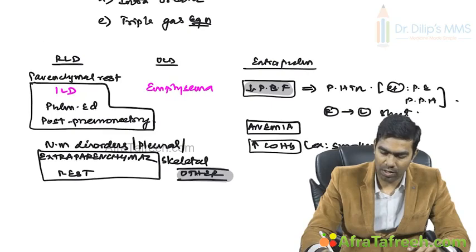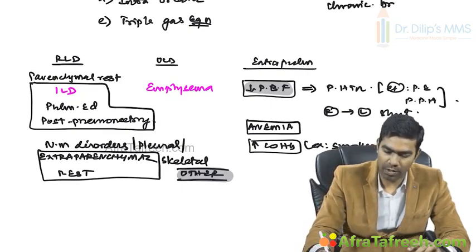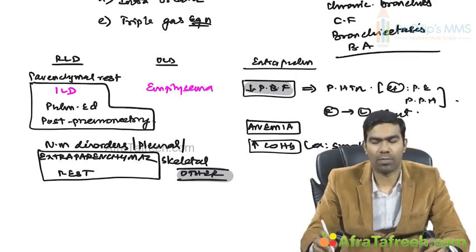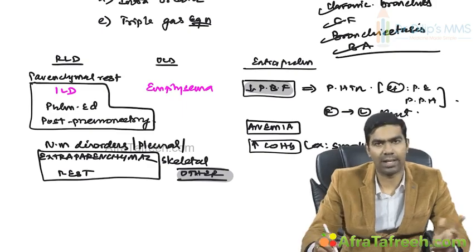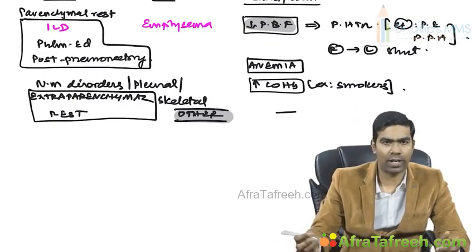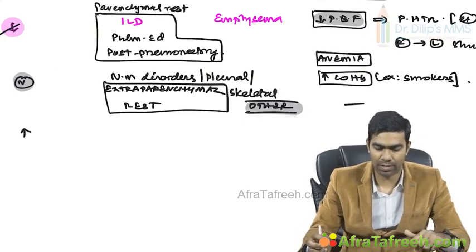Chronic bronchitis, cystic fibrosis, bronchiectasis, bronchial asthma, apart from emphysema, everything. All these are going to have a normal DLCO, because these are the other classic OLDs apart from emphysema. What are extrapulmonary causes? I don't know any extrapulmonary causes. I can't tell any extrapulmonary causes with a normal DLCO.